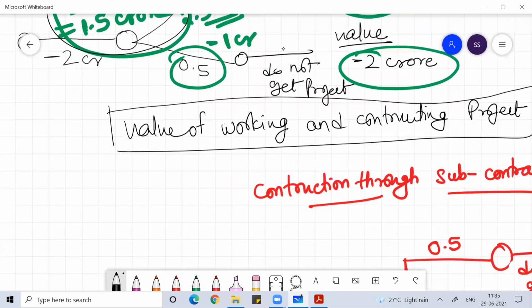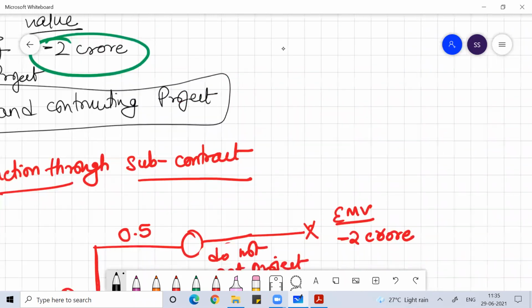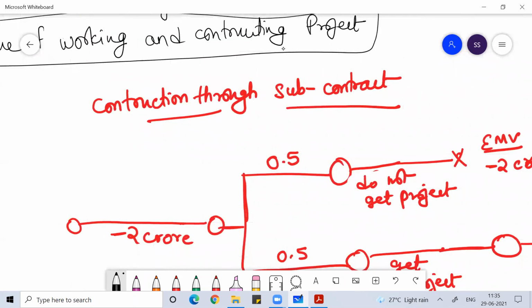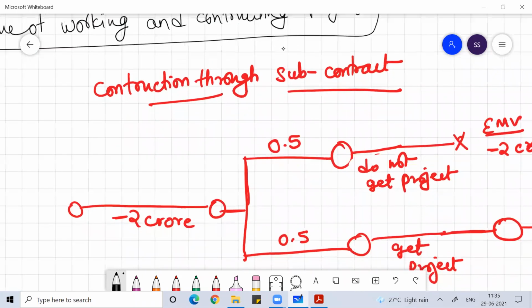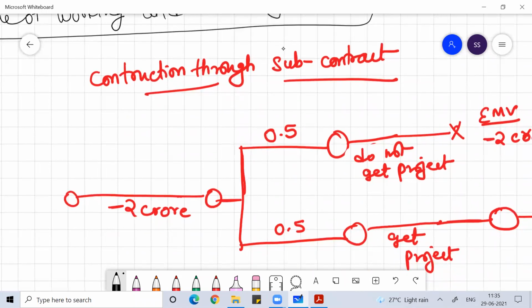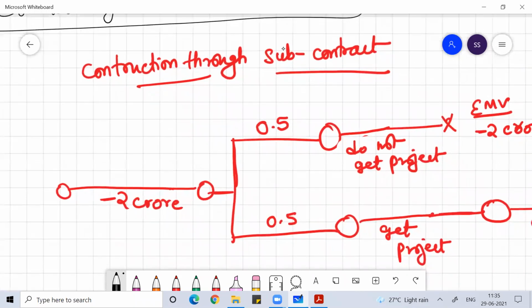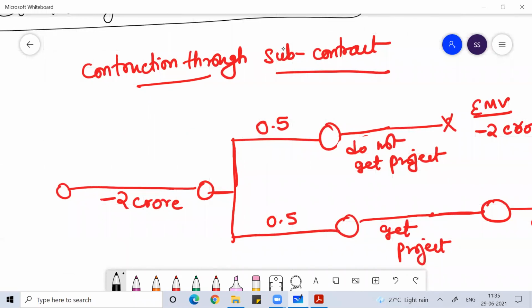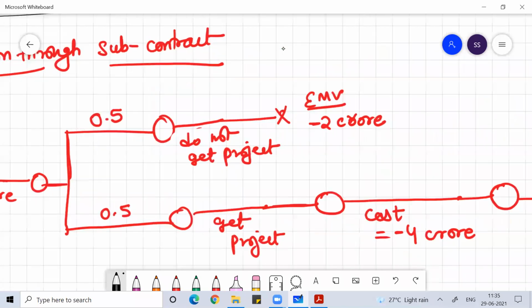While if I go with subcontract, then I have drawn the decision tree. So imagine if I go with subcontract, two things can happen. Anyhow I need to put 2 crore rupees upfront. 50% is the probability I'll get the project. 50% is the probability that I'll not get the project.